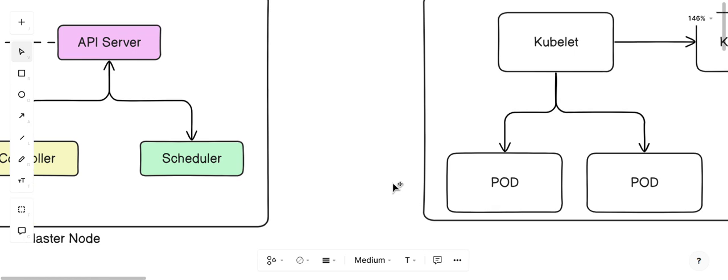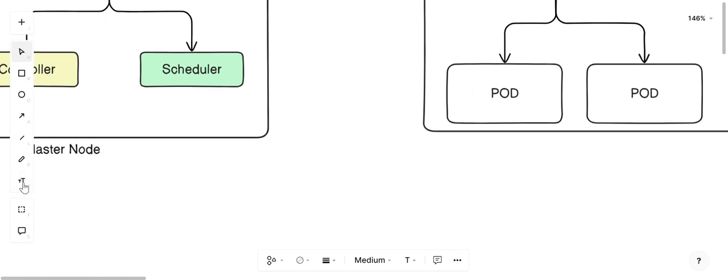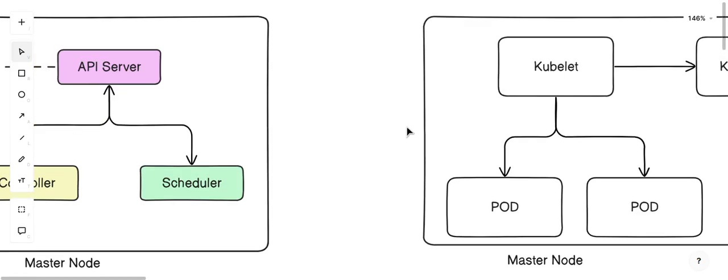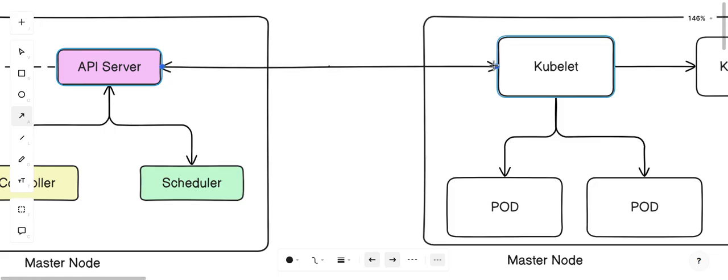Now how is the connection happening between the worker node and master node? The connection between these two is happening using the API server. It's a two-way communication.